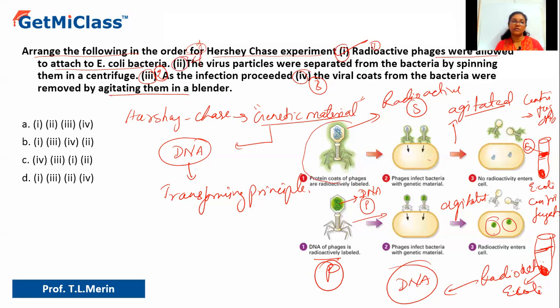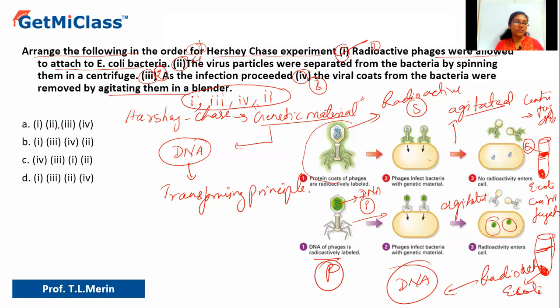That is the second one. So the first point is 1, the second point is 3, the third point is 4, and the fourth step is the second one according to our explanation. That is 1, 3, 4, 2. Let us see.